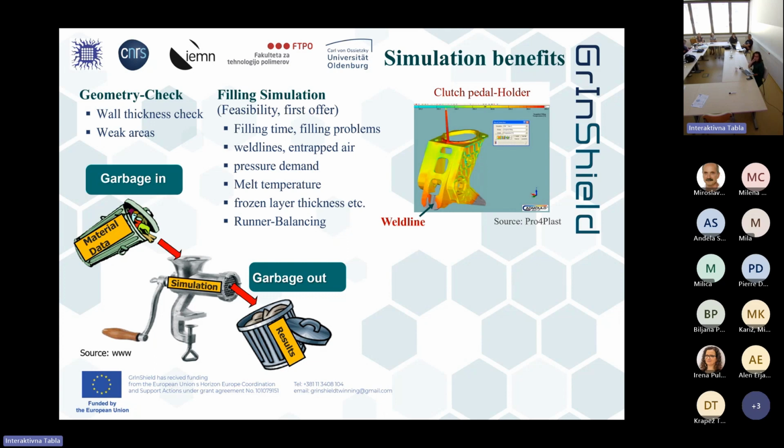Next, we make a filling simulation, and the outcome is a picture where you see the gray areas are the filled parts at the end of the filling. And then you see, oh, here we have a problem with a weld line. Two molten streams come together and are welded, and the factor is not 1, but below 1. So it's the area where possibly the part will break.